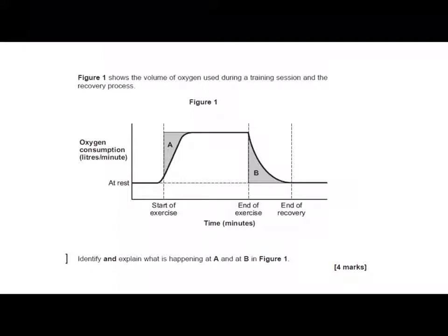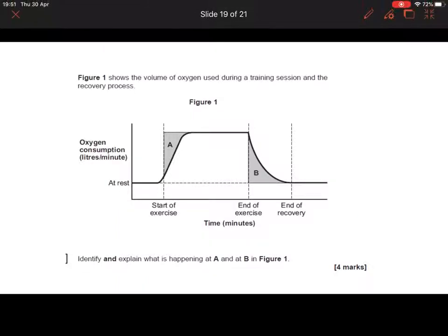So what I would like you to do, and this was a question that you answered before, but I just want you to have another go at answering it. You don't have to draw the figure out. You can if you want. The question I want you to have a go at answering is: identify and explain what is happening at A and at B in figure 1.